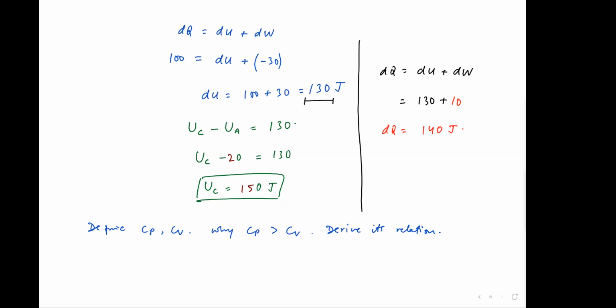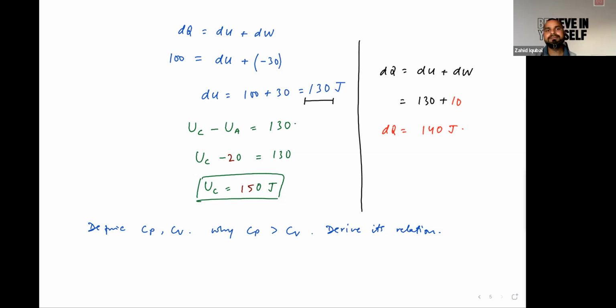Yes. So why is CP greater than CV? Since at constant pressure, the amount of heat supplied to the system is utilized in two different processes. First, to change the internal energy of the gas, and second, to do some work.